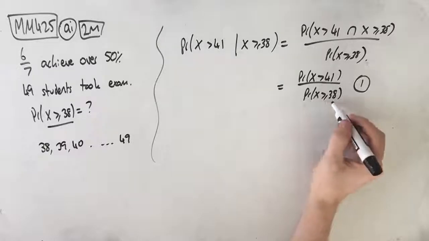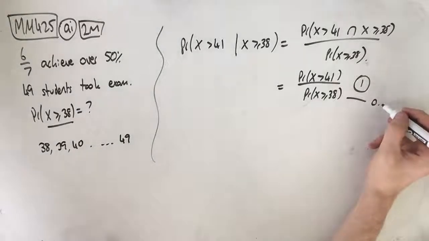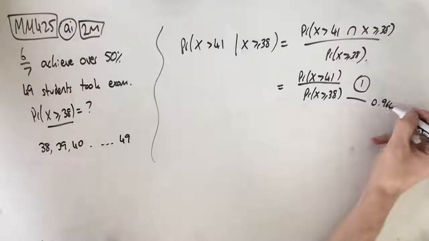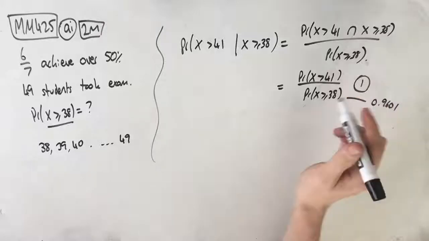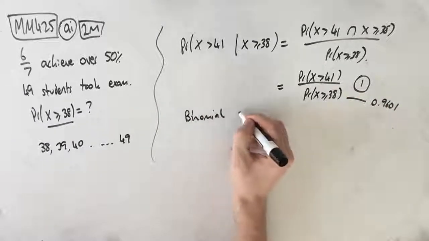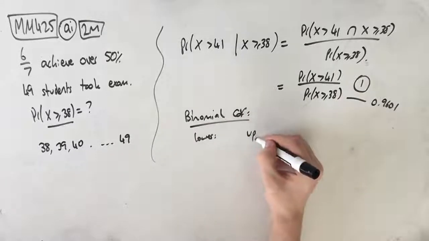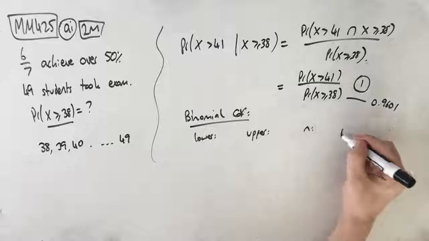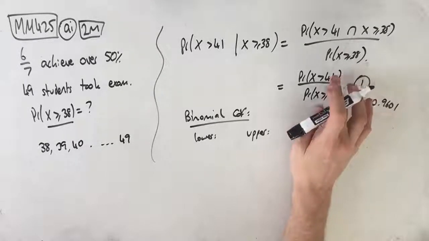So we already know what the probability of X is greater than or equal to 38 is. That's 0.9601. We found that in the previous part. So now we need to figure out what the probability that X is greater than 41 is. So we can again use our binomial CDF. And again, it'll ask us for lower, upper, N, and P. So our lower is not 41 this time, 42, okay?